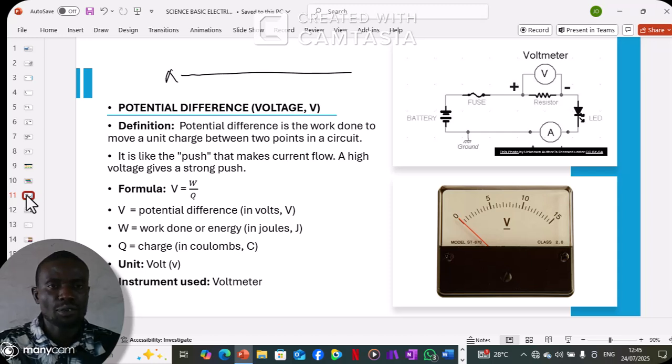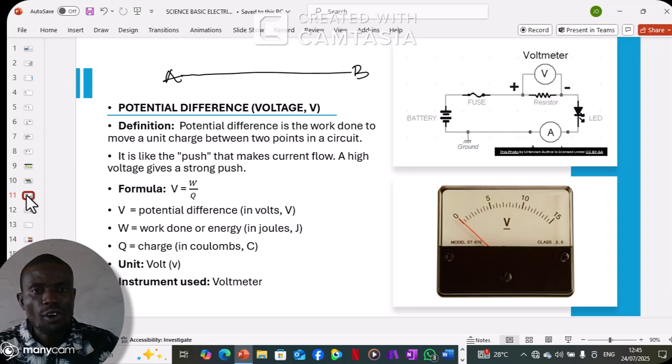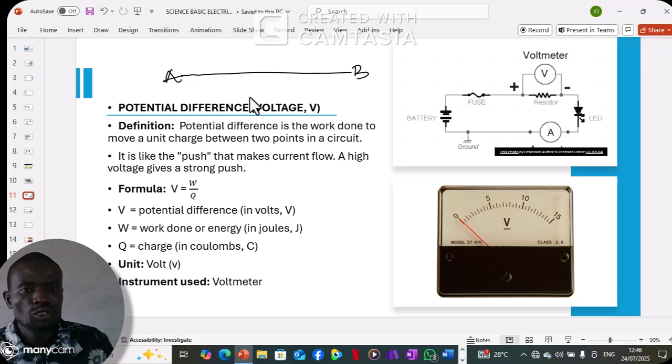Let's have point A and this is point B. Before electrons or charges can move from point A to point B, something must cause it to move. That thing is called potential difference.